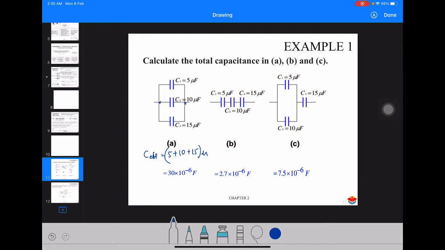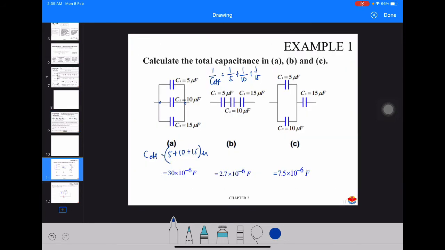For series, you can calculate using 1 over C effective equals 1 over 5 plus 1 over 10 plus 1 over 15. You can see that there's no junction between them, so it will be like that.